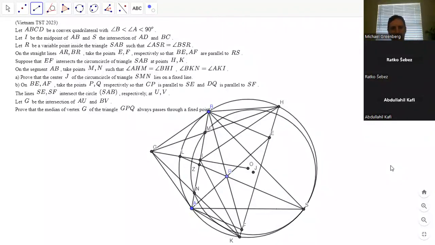Here's where we want to use the parallels. So AF is parallel. So if we let BE and AF meet the circle, then we get an isosceles trapezoid.